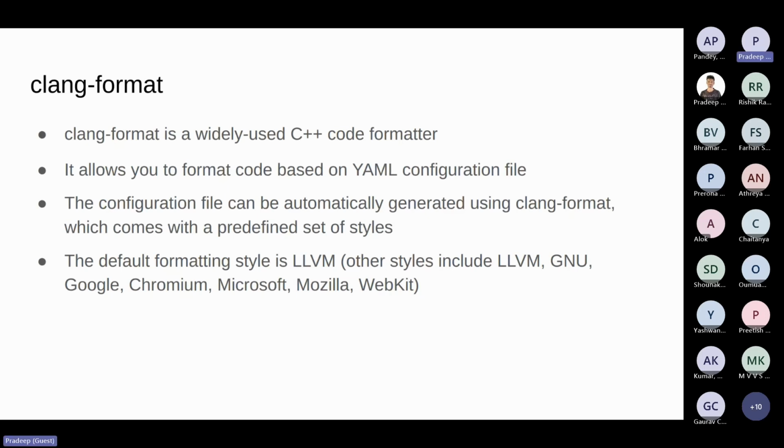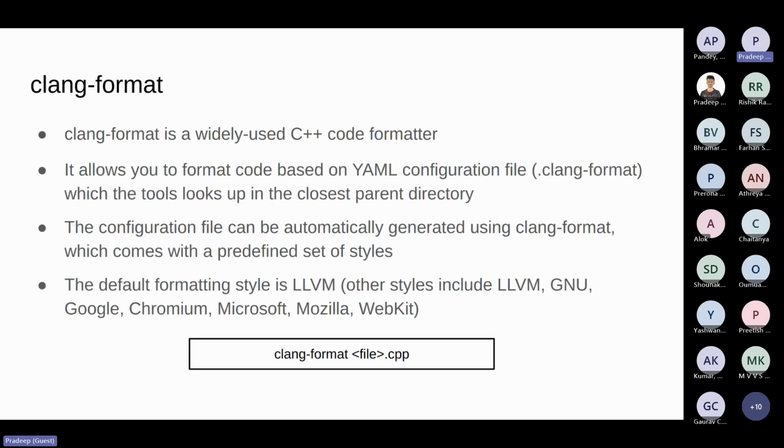The configuration file can be automatically generated using clang-format, which comes with a predefined set of styles. The default formatting style is LLVM, and styles include GNU, Google, Chrome, Chromium, Microsoft, Mozilla, WebKit. Each has its own different style.